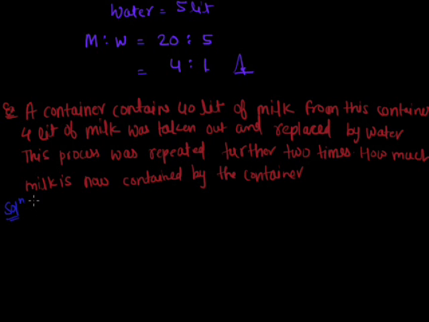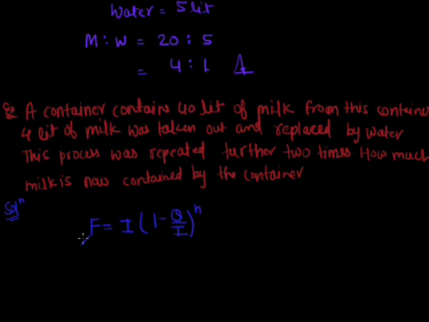We have given a container which contains 40 liter of milk. From this container we are removing 4 liter of milk and replacing it by water. Obviously it will be 4 liter, and this process was repeated for 2 times. So how do we calculate? There is a particular formula for these types of questions. It is F is equal to I into (1 minus Q upon I) to the power n.